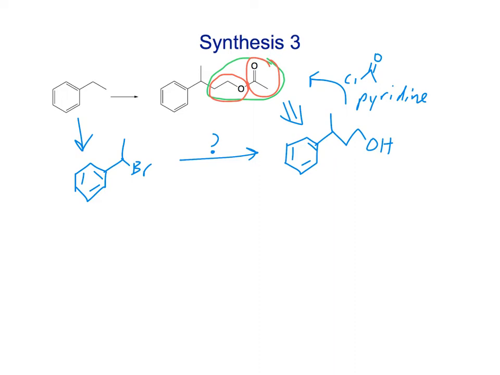Can we make it to a Grignard? We can make it to a Grignard. Make it go into the carboxylic acid? We could make it to the carboxylic acid. So I'm going to run it down here because this is going to take a few more steps. What do you want to react the Grignard with to make the carboxylic acid?